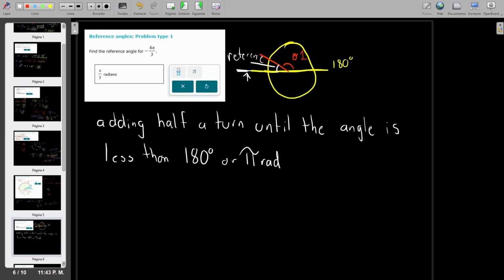This is how you're going to be solving for the reference angle.